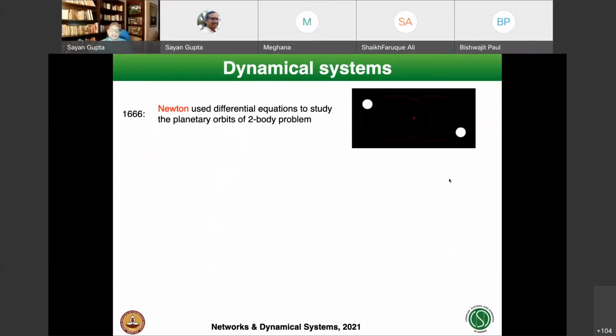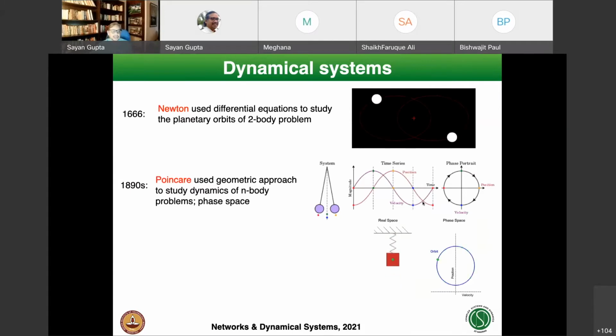These studies led to the invention of differential equations and calculus. But during the study, he had neglected the effects of all other planets. But when he wanted to include the effect of other planetary orbits, in other words, solve a multi-body problem, he ran into difficulties.